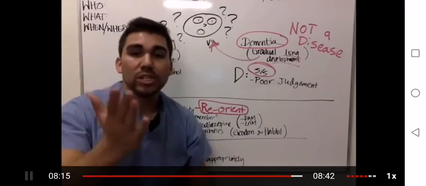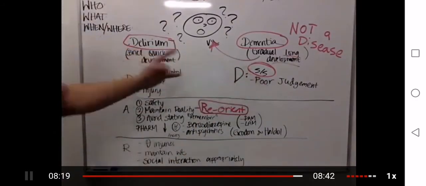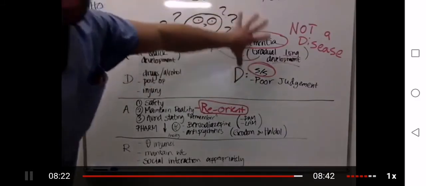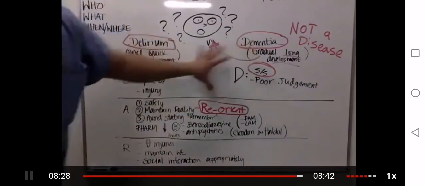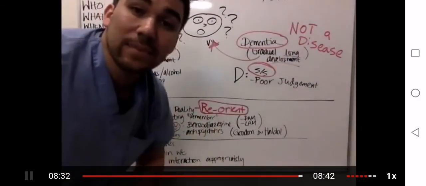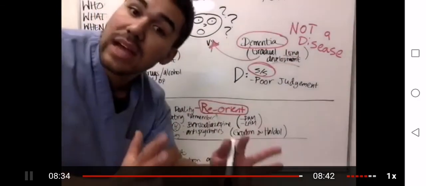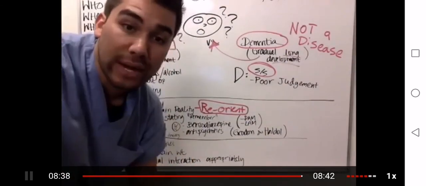So just remember, dementia and delirium are two totally separate things. Dementia is long term, delirium is short term, and these two are not diseases. They're just a set of signs and symptoms that happen. Alzheimer's, that's a disease. Plaque on your brain, okay?